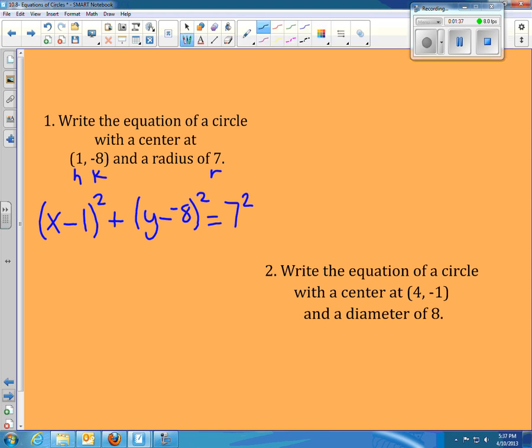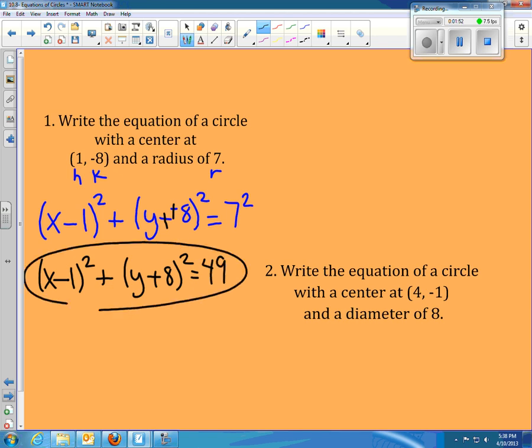Here we can simplify and change the minus minus into plus. So we get (x - 1)^2, which stays the same, plus (y + 1)^2, and 7 squared gives us 49. That's it. Pretty basic, just plugging the information in.